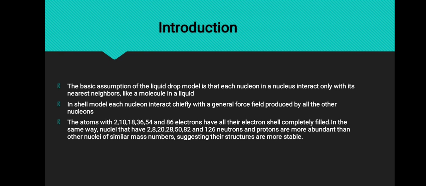That is, atoms with these numbers have the electron shell completely filled, and in the same way nuclei with 2, 8, 20, 28, 50, 82 neutrons or protons are more abundant than other nuclei. Means these are found more abundantly, hence they are more stable.